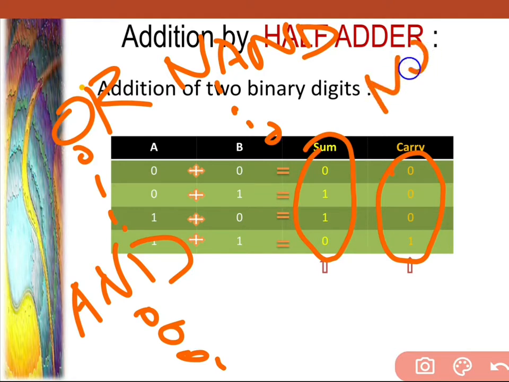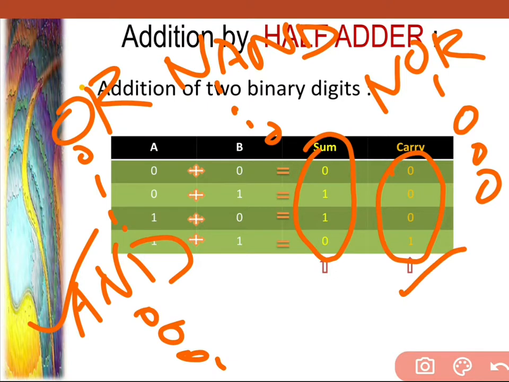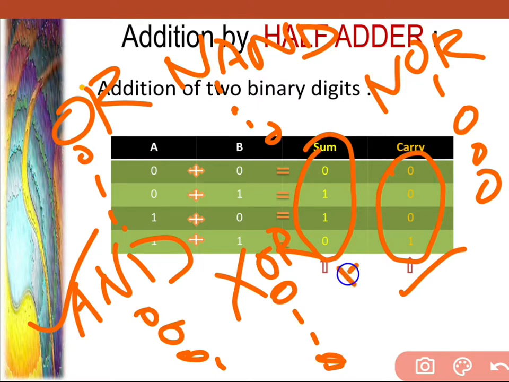Then we have the NOR gate, which provides us output 1000. XOR always provides us 0110, and XNOR always provides us 1001. That's why we require an AND and an XOR gate.